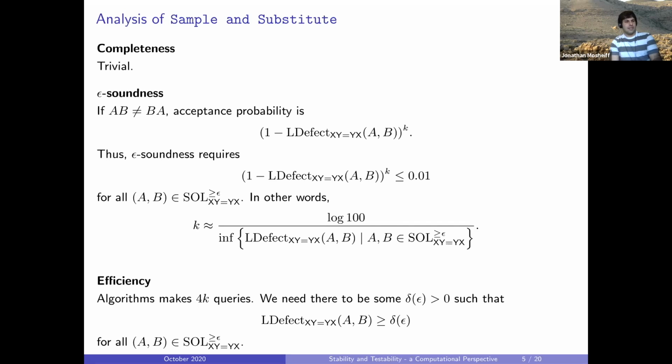So to summarize, if this last display equation about the local defect being larger than delta is true for every epsilon, that would be equivalent to saying that the sample and substitute algorithm is a tester for xy equals yx. Unfortunately, this is true.